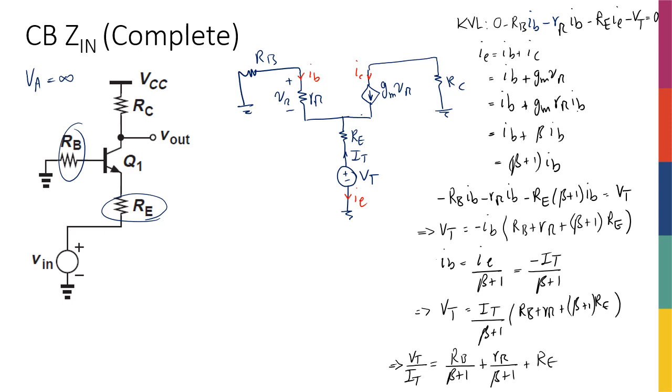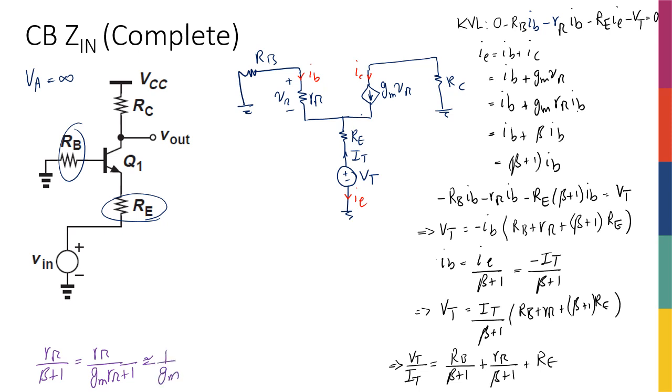Knowing that R pi divided by beta plus 1 is equal to R pi over GM R pi plus 1, and GM R pi is a big number, I can neglect the plus 1 part, and R pi cancels out, so this is almost equal to 1 over GM, the same approximation that I did before.